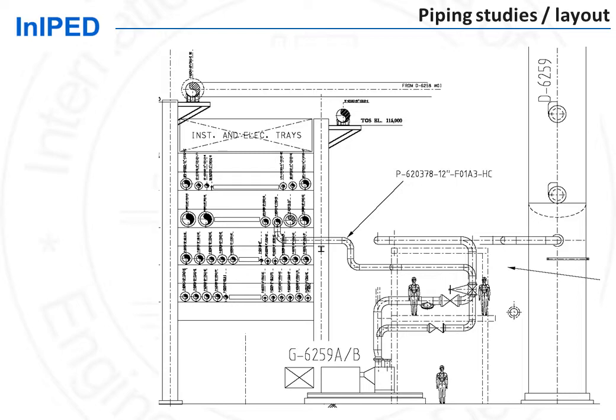Although these will be checked in detail by the piping calculation group, at the stage of piping studies, a flexible layout must be proposed by the piping designer based on experience. It will later on, as I said, be confirmed by calculation, but space must be allocated and adequate expansion loops, as the one shown here, for example, for the line connecting the bottom of the column to the pump must be provided.